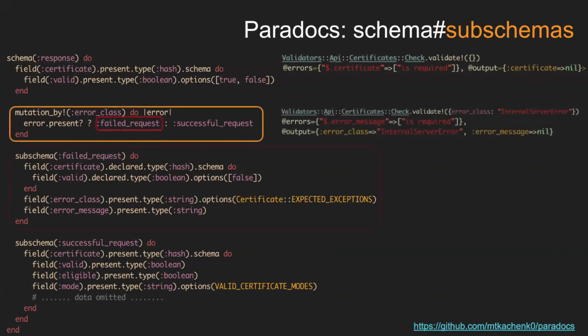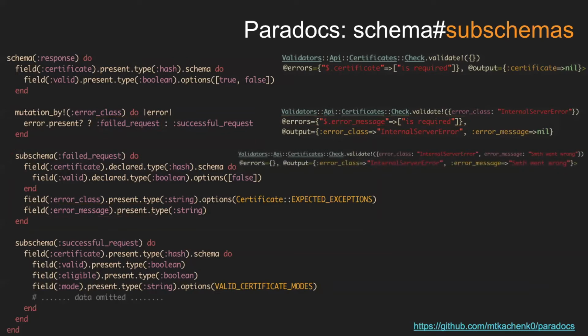For the next example, validate method receives a hash with error class inside, and failed request subschema is invoked and says that, okay, I expect field error message, it should be present, but you didn't send me it. That's why error message is required. Text is inside errors object.